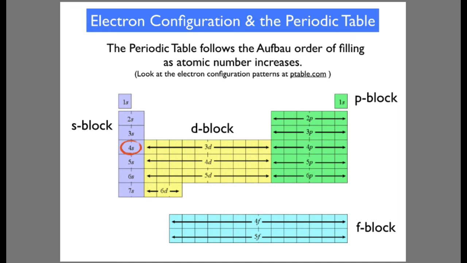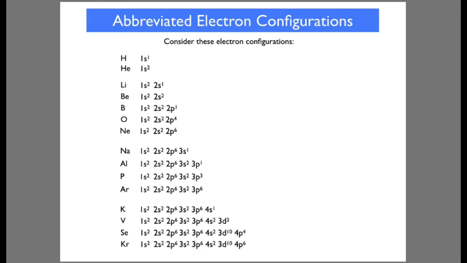Let's say if we look at the 4th period, 4s fills first, then 3d, then 4p. So what was that abbreviated business that we looked at before? We had the square brackets, and the examples previously had Ar. What was that all about? Well, let me tell you.